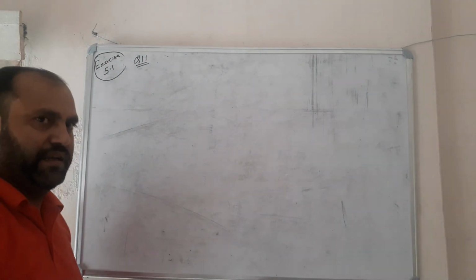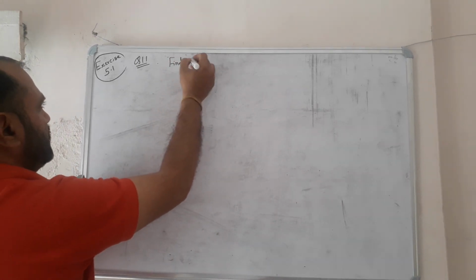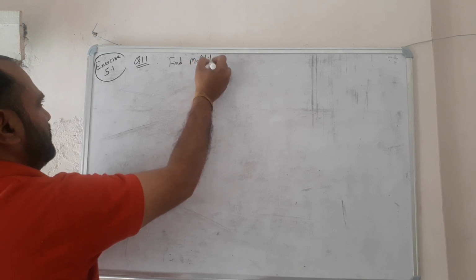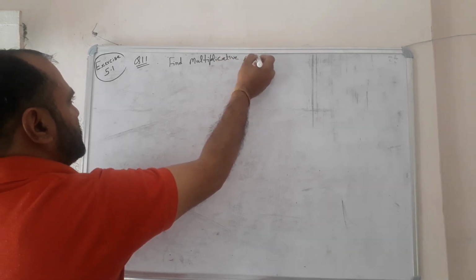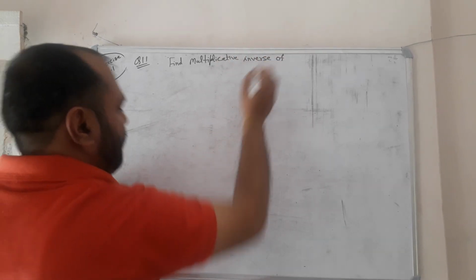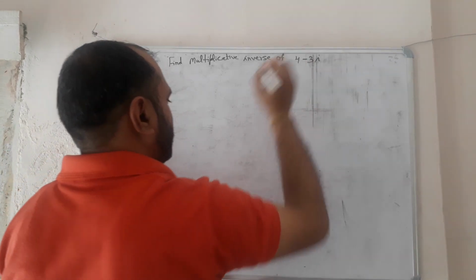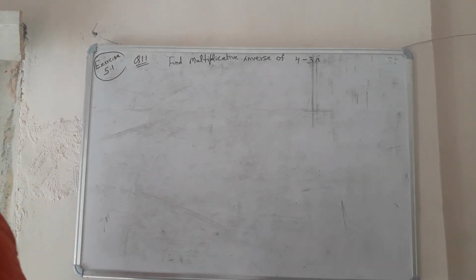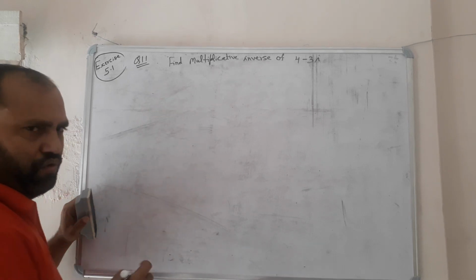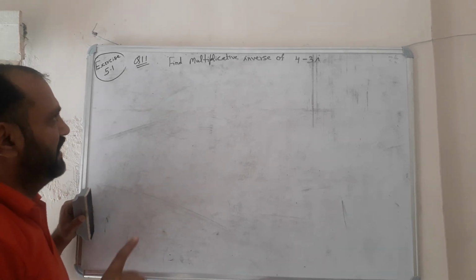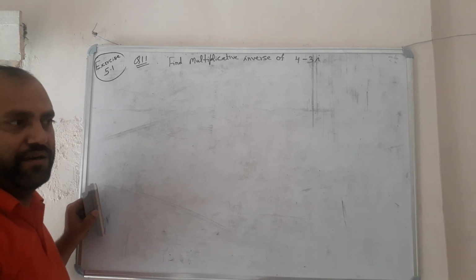Question number 11 is, find the multiplicative inverse of the complex number 4 minus 3 iota. We have to find the multiplicative inverse. So as you know, in previous lecture we have done what is the multiplicative inverse of any complex number.